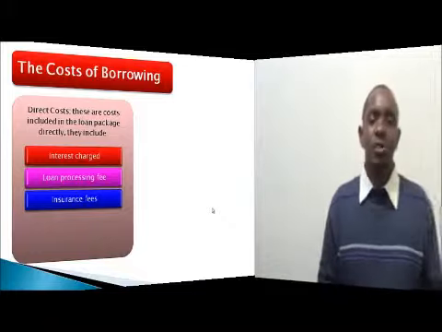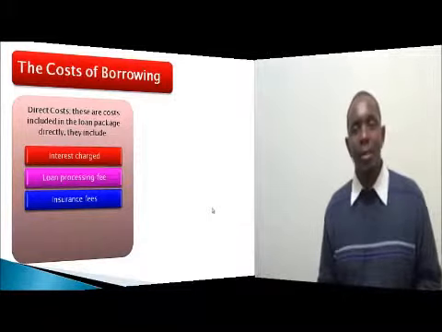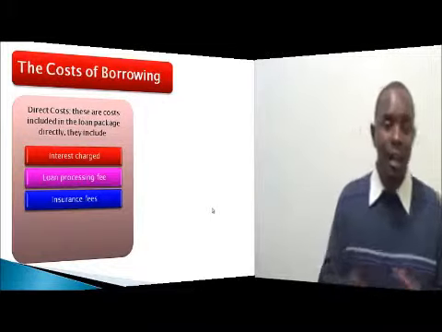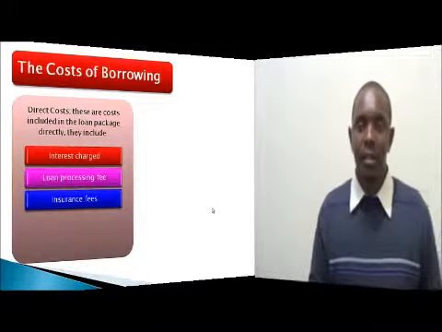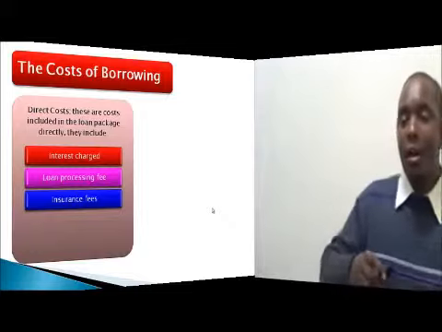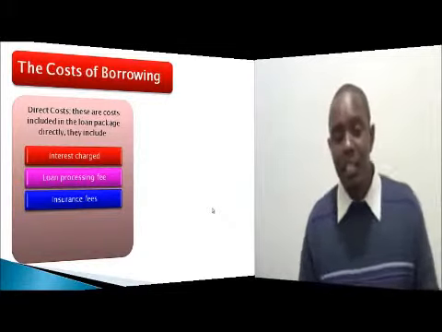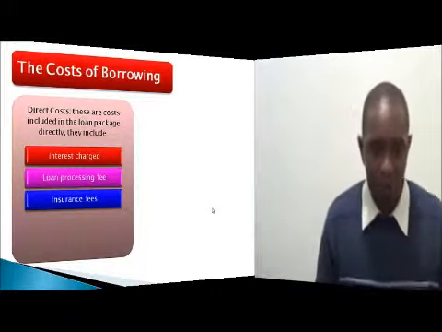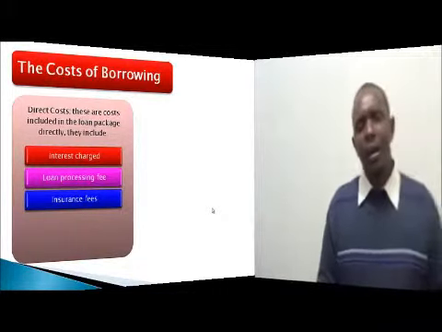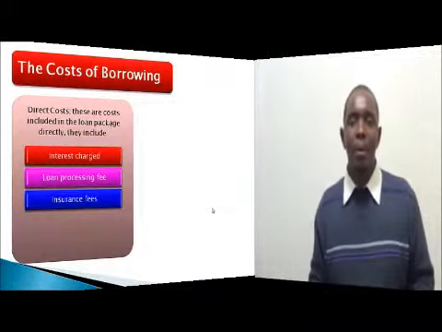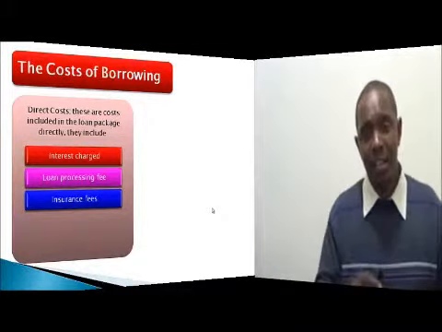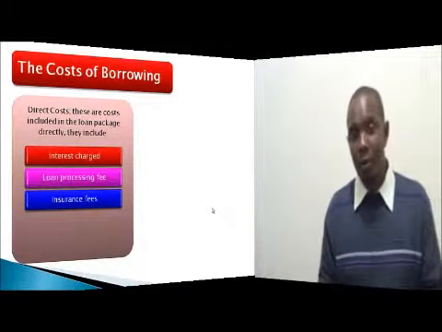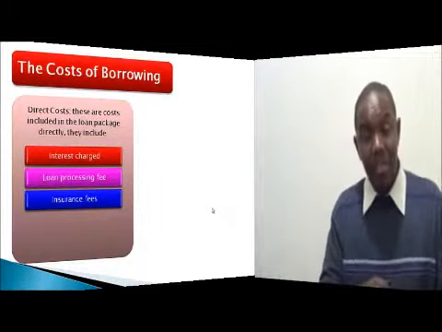And there's also insurance. For most unsecured loans, there's an insurance aspect, so that in case of permanent disability or death, the insurer can pay off the loan. For assets like a mortgage or a vehicle, let's look at mortgages.